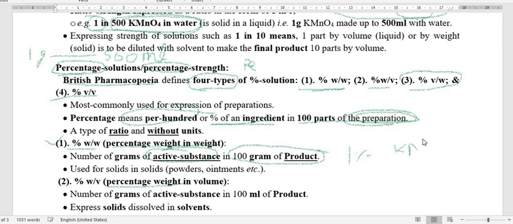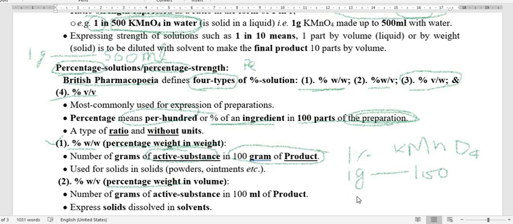If I am telling 1% KMnO4 ointment, it is indicating that 1 gram of the KMnO4 has been mixed with the vehicle so that the final amount becomes 100 gram. That is called 1% KMnO4 ointment.